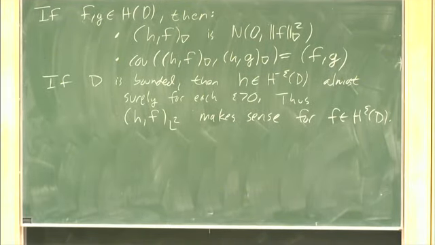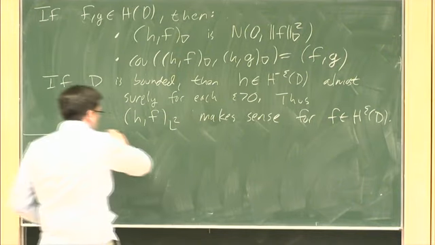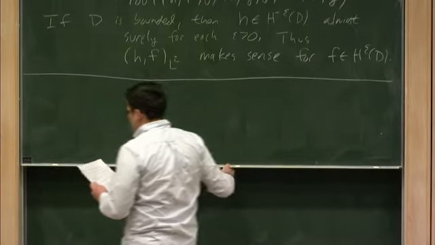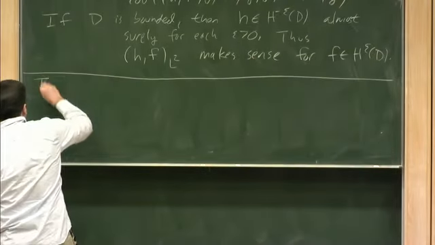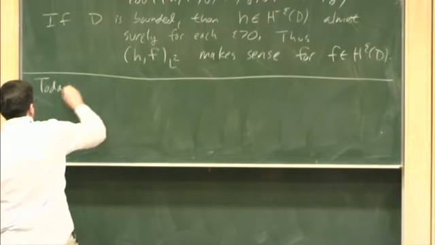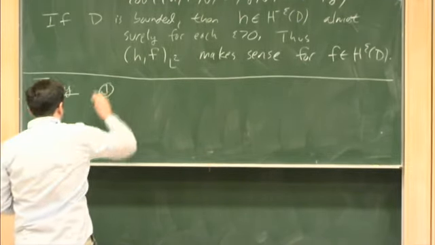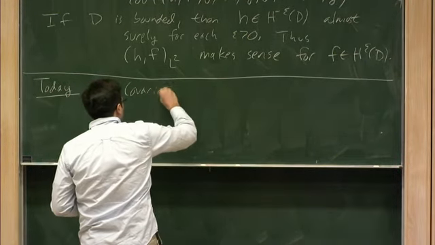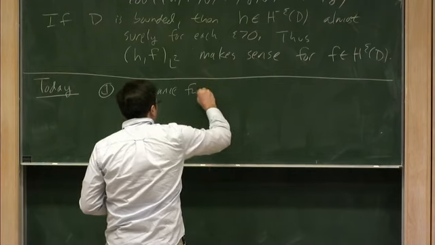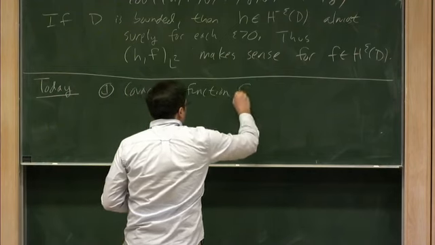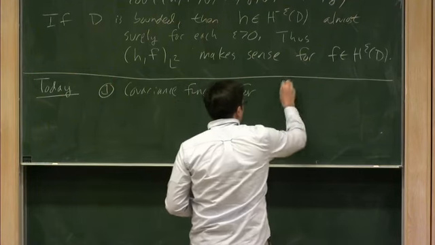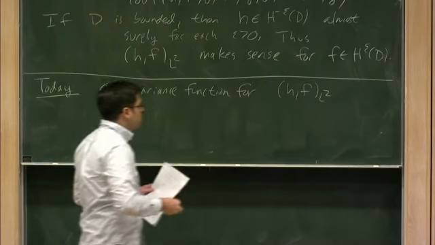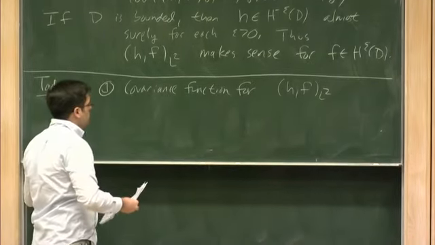So now what we're going to do today is, first of all, we're going to derive the covariance function for what you get when you integrate the Gaussian free field against a sufficiently nice test function in the L2 sense.